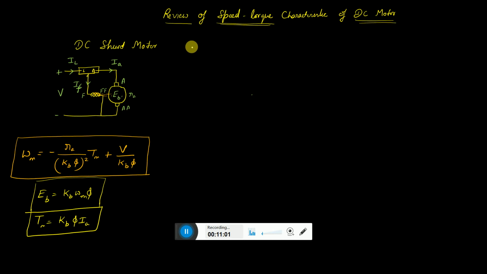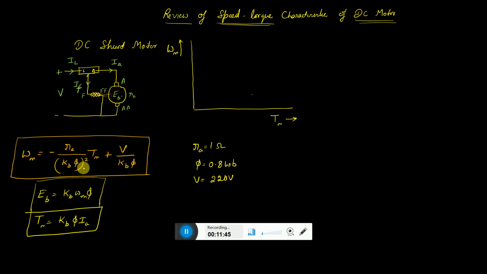So what exactly are we going to draw? On the y-axis we will keep the speed, and on the x-axis the torque. Let us take this expression first, the most important one. Let us say the armature resistance Ra is 1 ohm, the flux phi is 0.8 Weber, and the applied voltage is 220 volts.